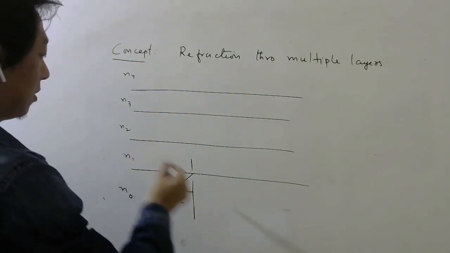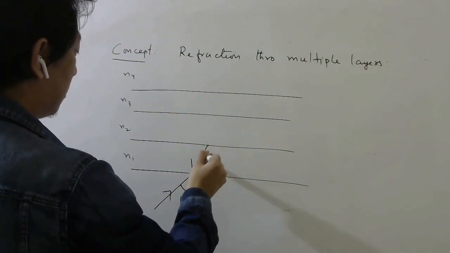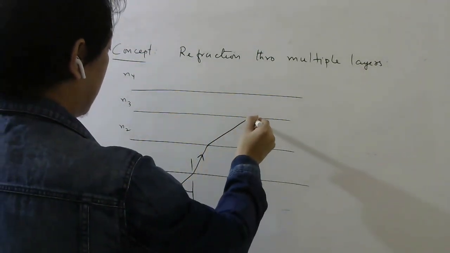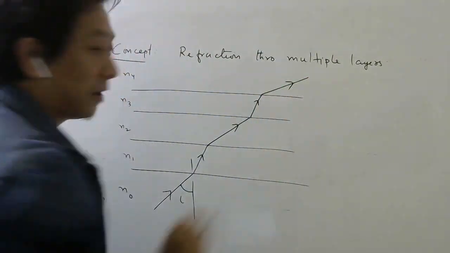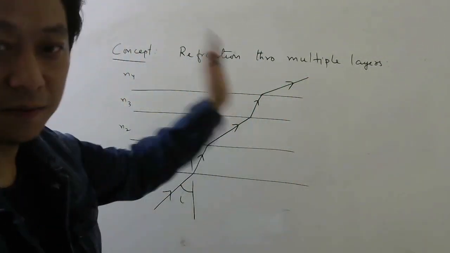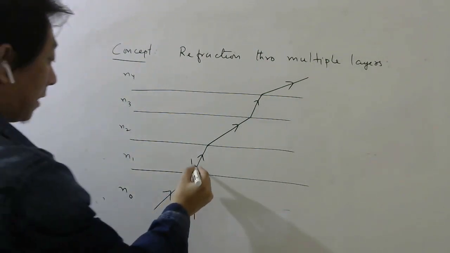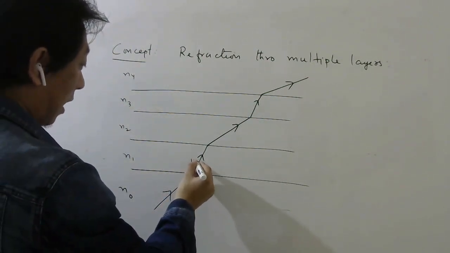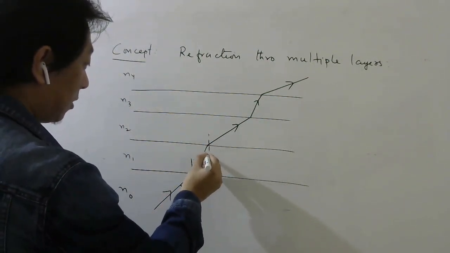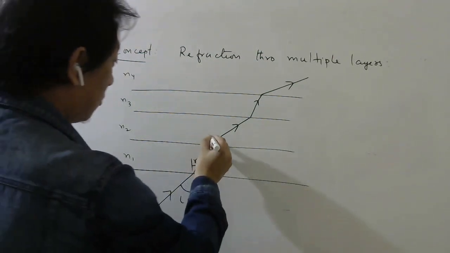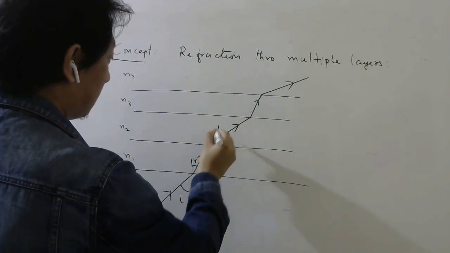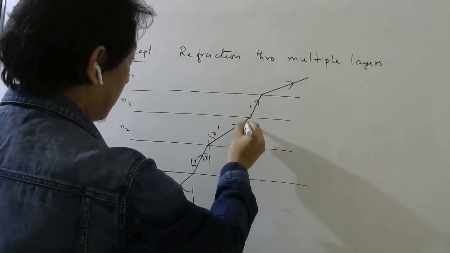Depending on the values of refractive index, it may go this way, then like this, like this. I have no idea, okay, but I'm just drawing it. Now, this and this r will be your r here. You understood, no? And here whatever r dash will come, that will be your r dash here.